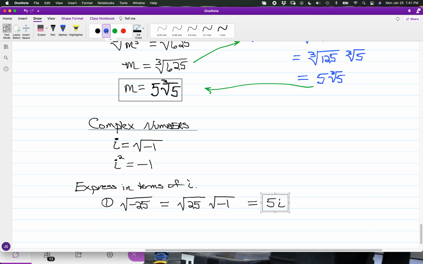And let's say we have the square root of -18. 18 is not a perfect square number, but it is reducible.